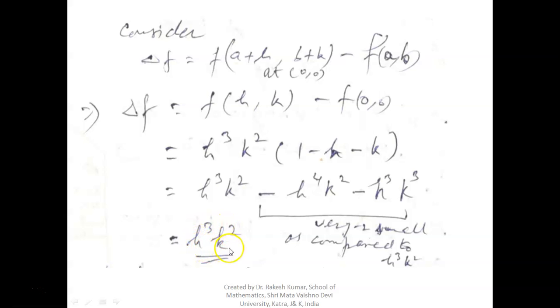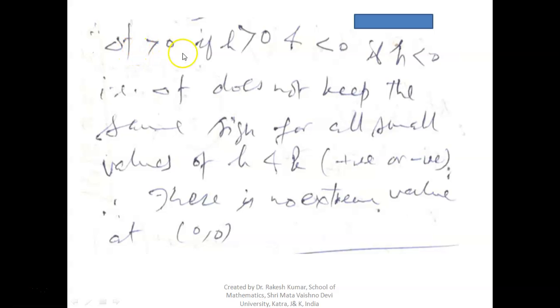Okay, based on this we will try to determine the nature of delta f. For any value of k, k square will be positive, only h will play a role because it is cubed. Okay, so delta f is greater than 0 if h is greater than 0, and it is less than 0 if h is less than 0.